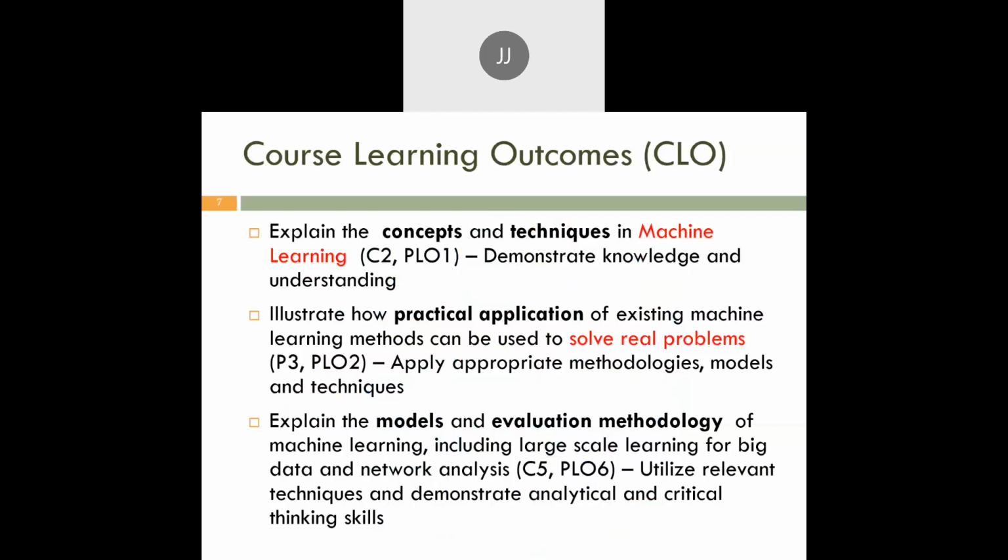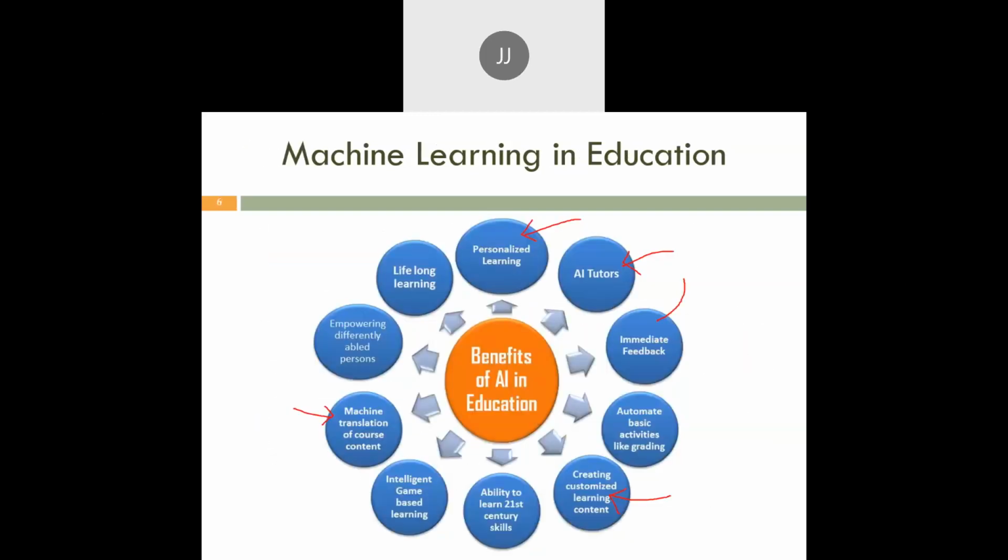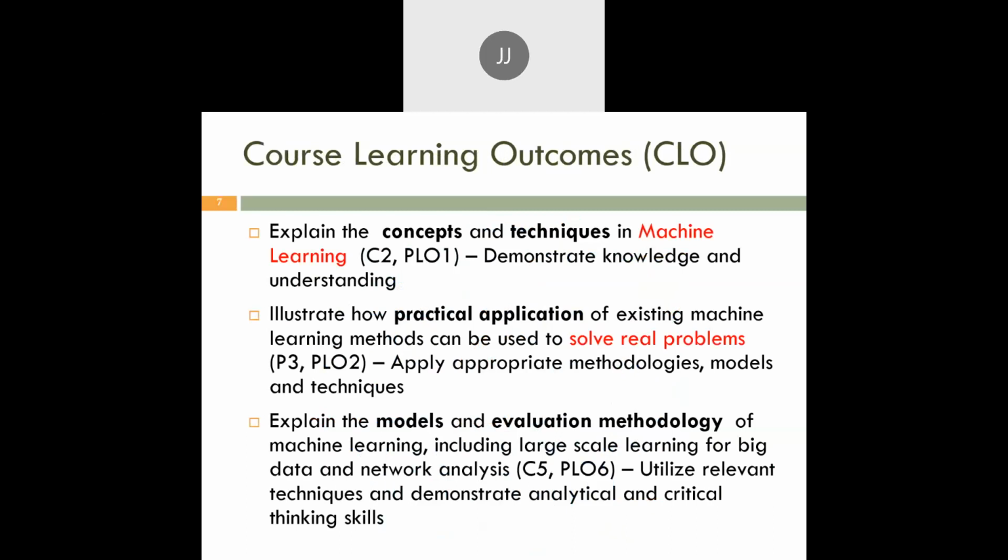Okay, so these are the course learning outcomes. The first one, we expect you to learn about the concepts and techniques in machine learning. Basically, we are looking at your knowledge and understanding, which is more on your understanding of which algorithm should be used in order to analyze your data set.